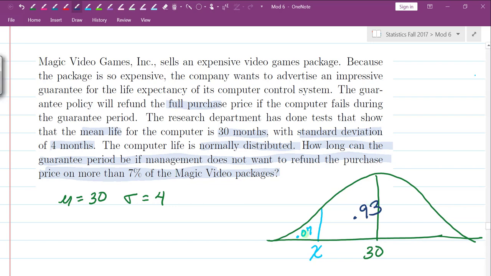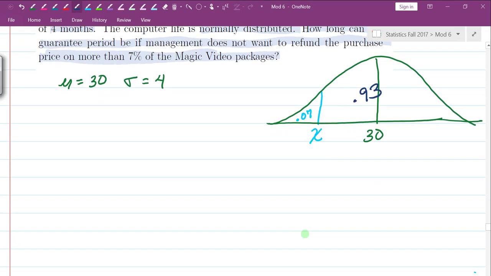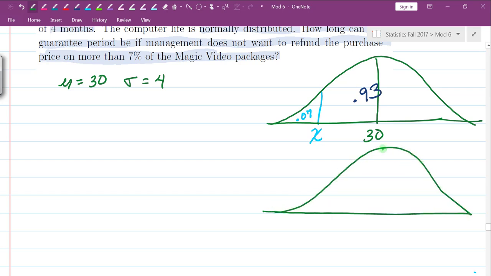Well, let's think here. If we draw another picture and we make this one our standard normal curve, and the very center is what? Our mean, and our mean corresponds to 30. Right here, we could find a z, can't we?